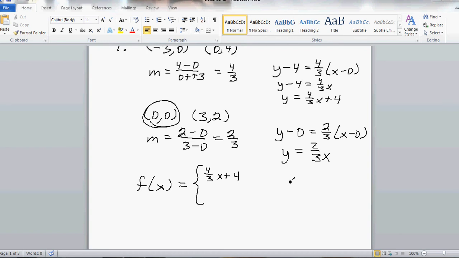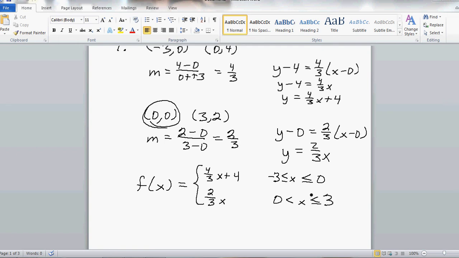Well, when x is between -3, and it could include the value -3, and less than 0. So between -3 and 0 is where that's going to show up. Then it's going to be just 2/3 x whenever x falls between 0 and 3.